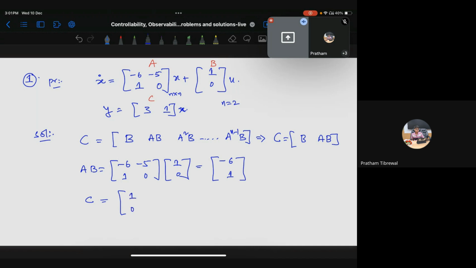AB is [-6 -5; 1 0] times [1; 0], which gives minus 6 and 1. So the C matrix is [1 -6; 0 1]. If you take the determinant of C, you get 1 minus 0, which is 1.